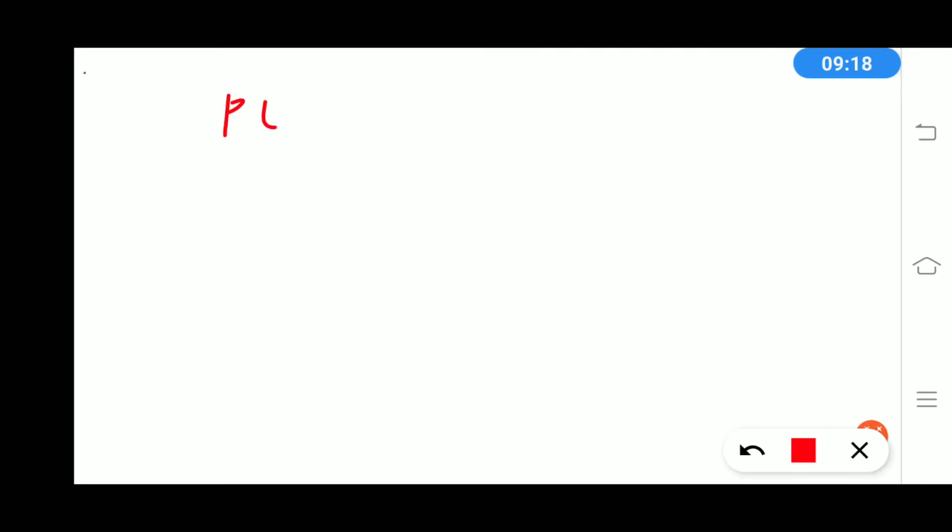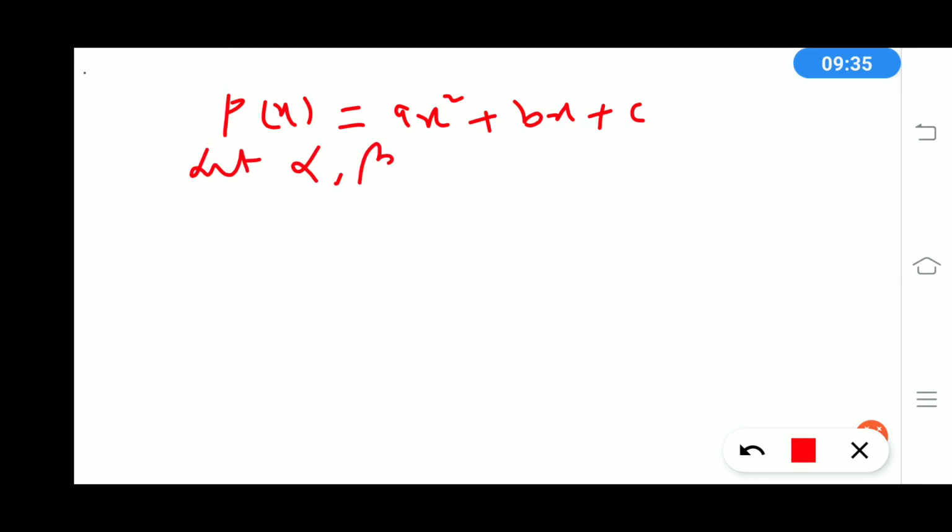If p(x) is a polynomial, okay, so p(x) equals ax square plus bx plus c, so p(x) is a quadratic polynomial. Clear? Let alpha and beta be the zeros of the polynomial p of x.